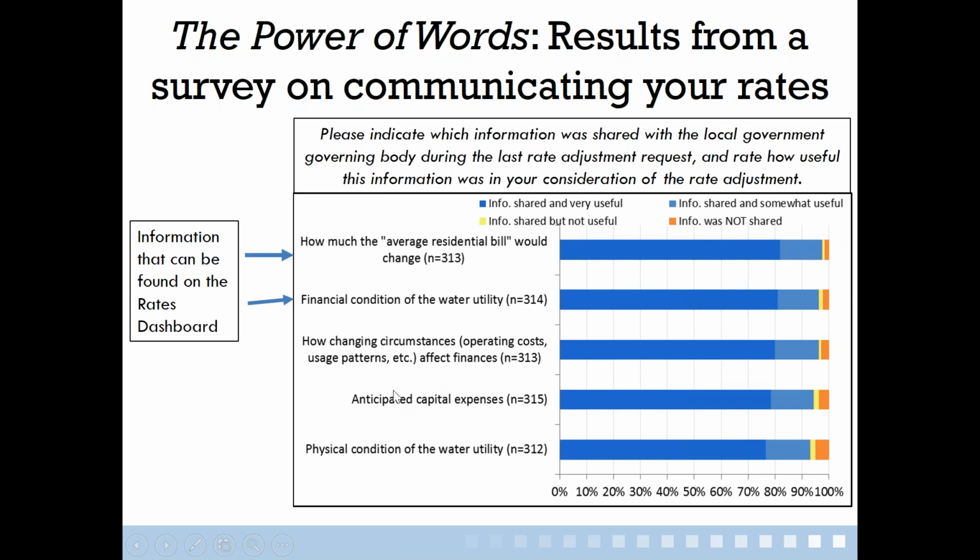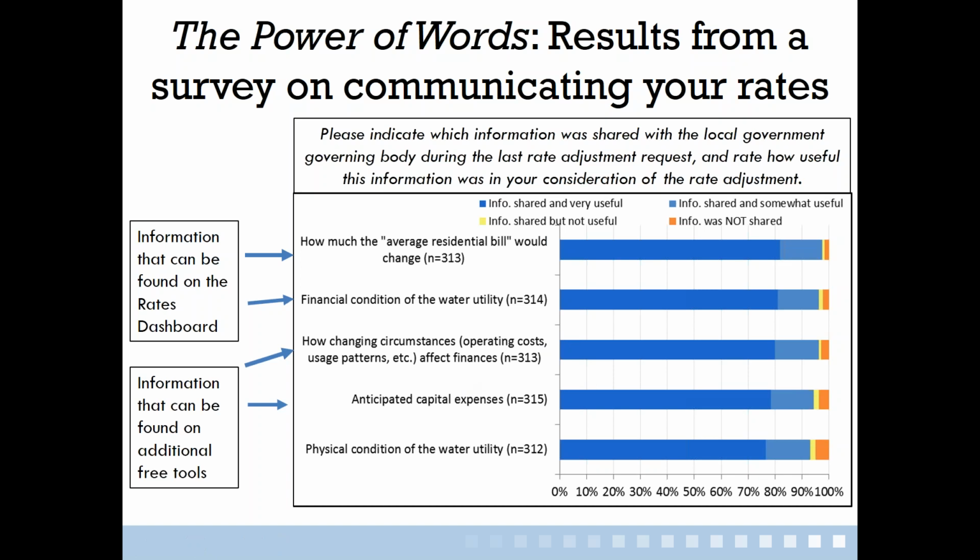The first thing that we noticed when we looked at these results is that these first two categories, which over 80% of respondents reported were shared and very useful, can actually be found on the rates dashboard. And in addition, some of these other categories, how changing circumstances affect finances and the anticipated capital expenses, can be found with our additional free tools.